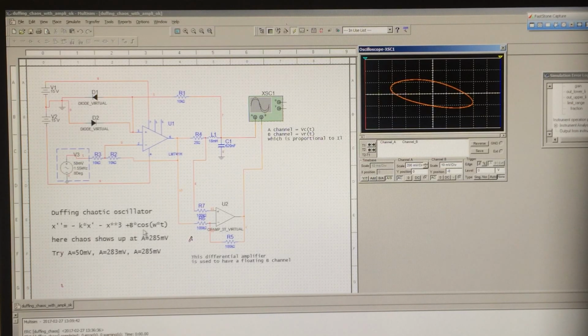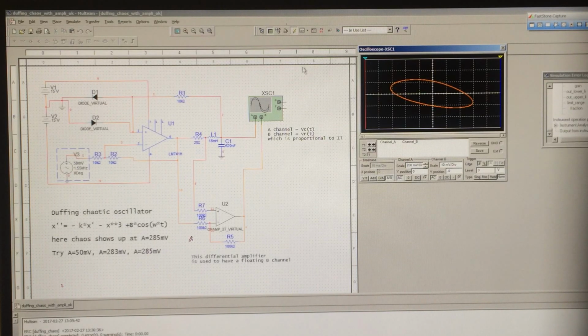The relevant parameters describing the behavior are essentially here in this signal generator: a fixed frequency of 1.55 kHz, and the amplitude, which is here now at 15 millivolt.